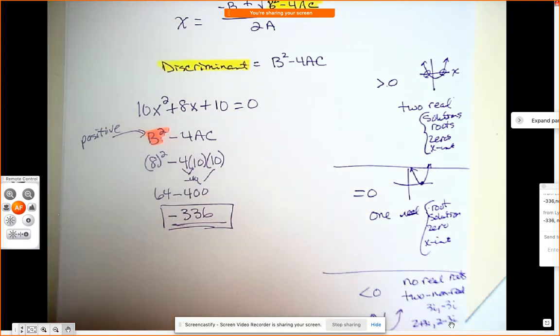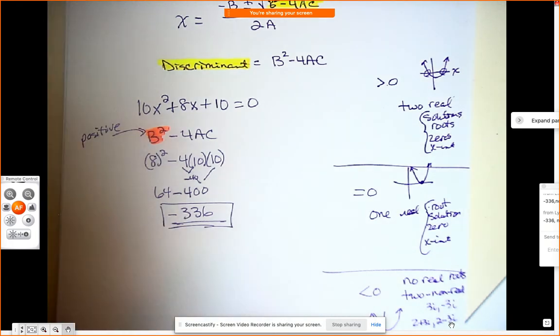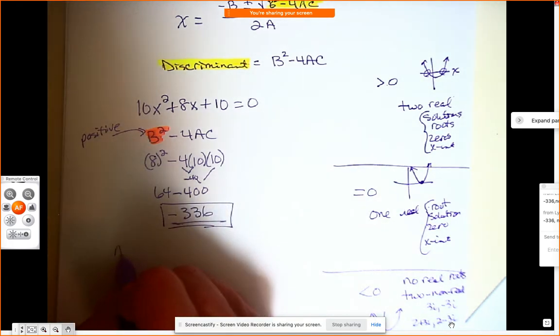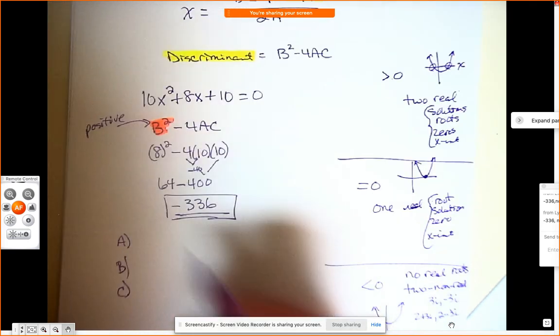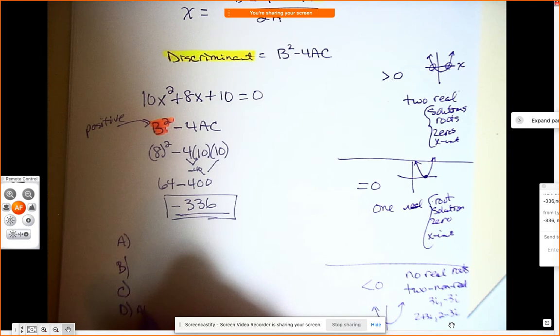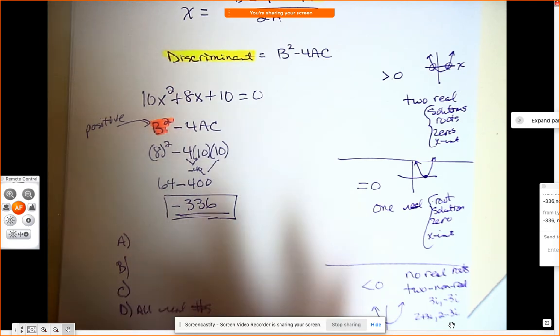If I just ask on the test to evaluate the discriminant, that's the answer. If I ask how many zeros it has, and your choices are A, B, C, they might put a fourth one like all real numbers, but there are only three answers.